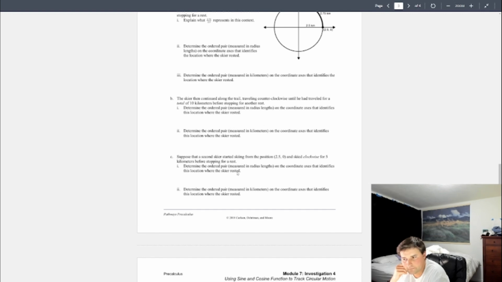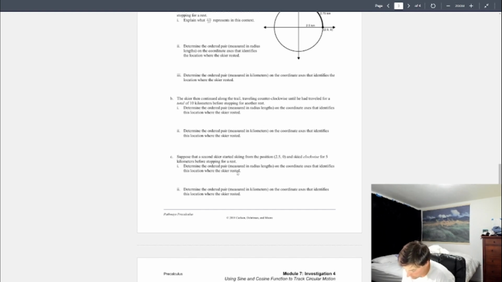So let's do that. Negative 5 over the radius, which is 2.5, which is negative 2.